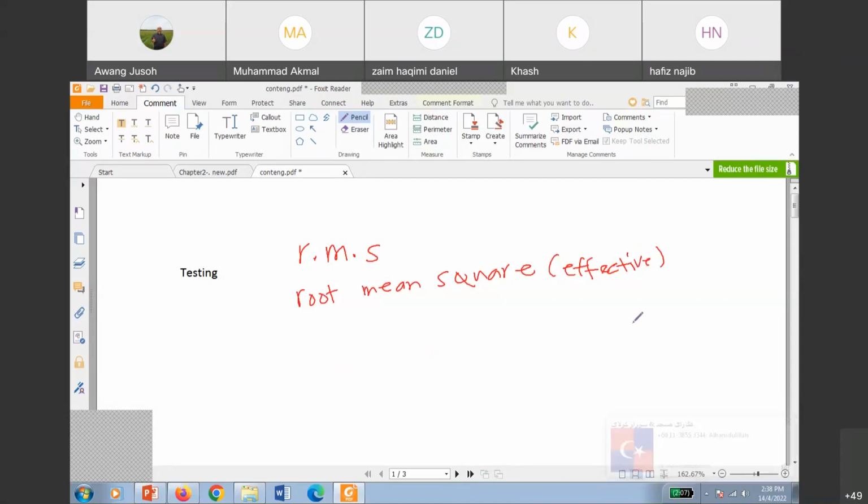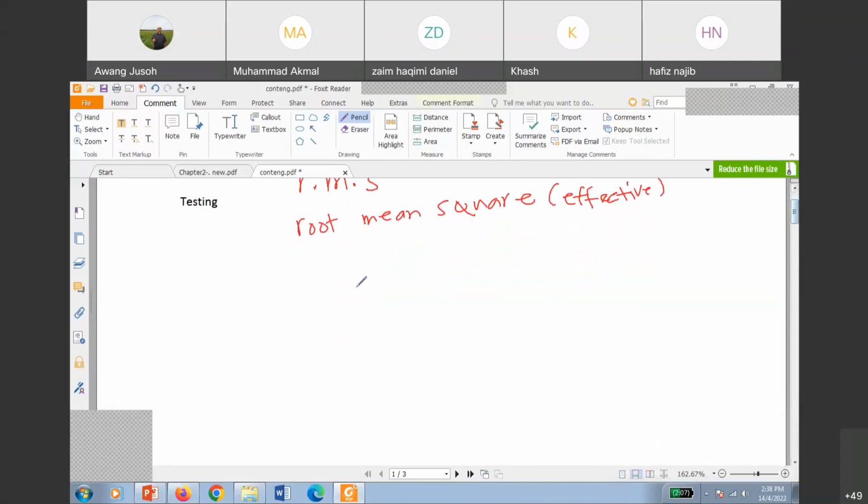Okay. For example, you have a signal like that just now. This signal is a sine wave, voltage or current doesn't matter. With period T, in order to find the effective value, you can use this formula. V effective, or capital V, equals the square root of 1 over T times the integral from 0 to T of f(t) squared dt.